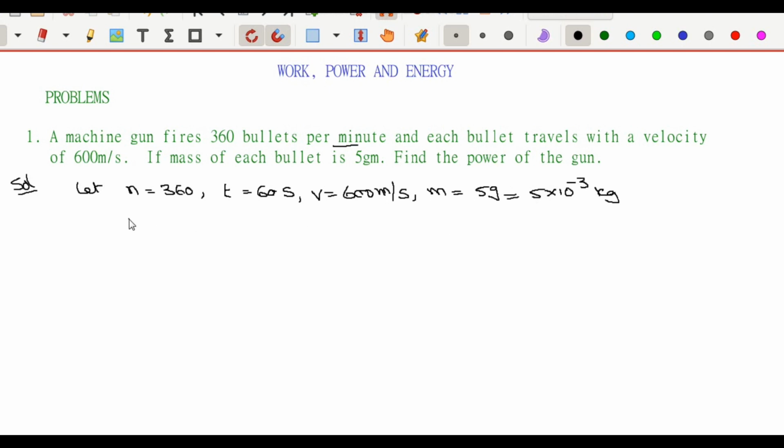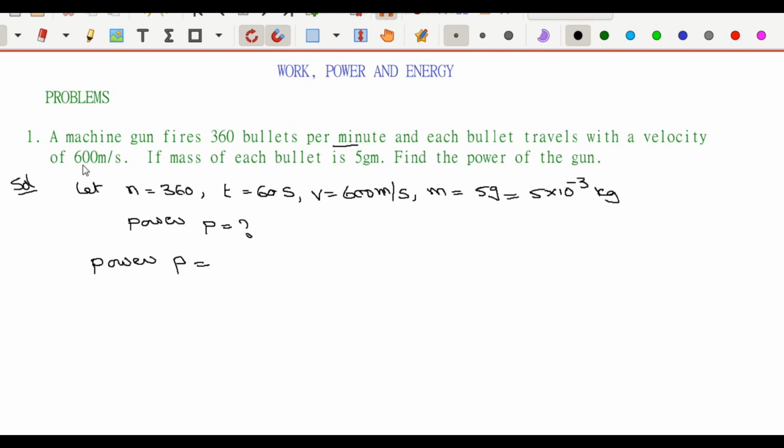Now we have to find the power of the gun. Power P is equal to question mark. Write the formula. Power P is generally work by time or energy by time.